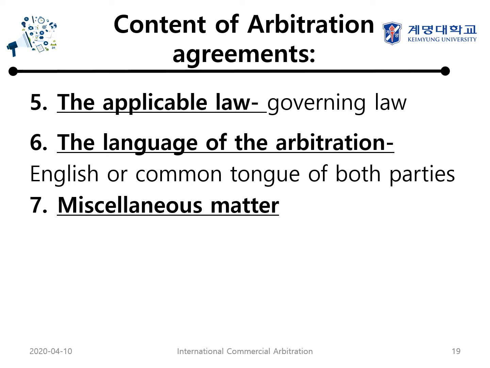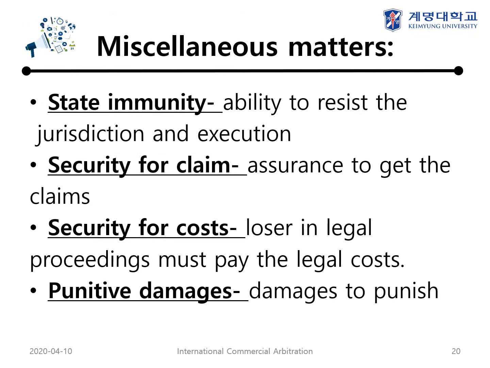It includes the different details of the arbitration processes, so let us discuss them specifically. The first miscellaneous matter is what we call state immunity. Why? Because there are some agreements between one country and another on waiving the jurisdiction and execution process.